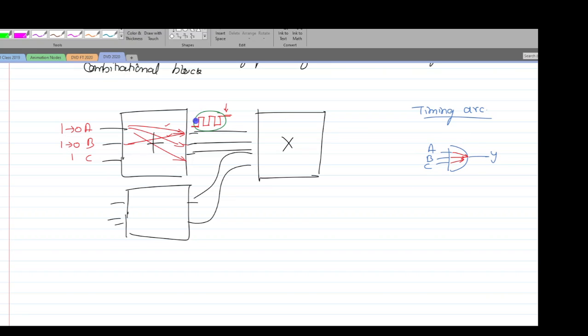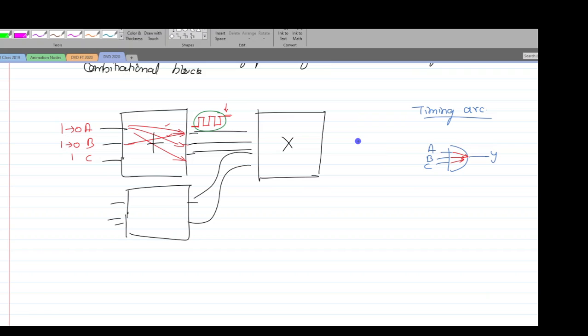We call this a transient period, where the data is not stable at all, and after a long time the data settles down to a well-known steady state value. We want to avoid these glitches being propagated through the multiplier and on to further stages. So we generally want to avoid these things.